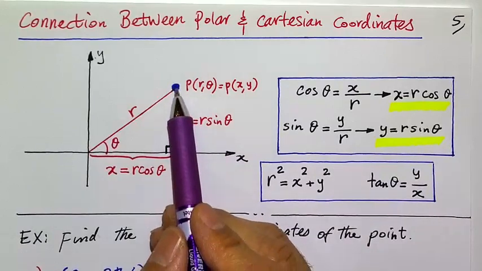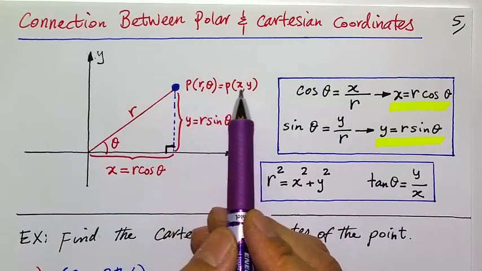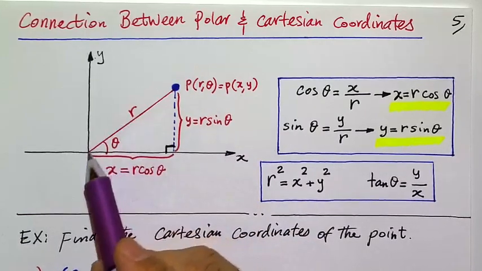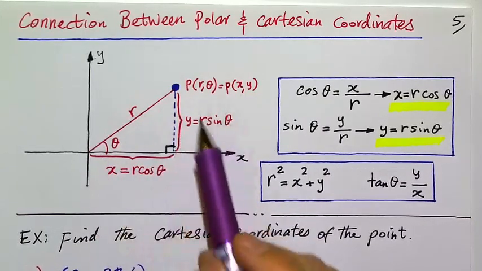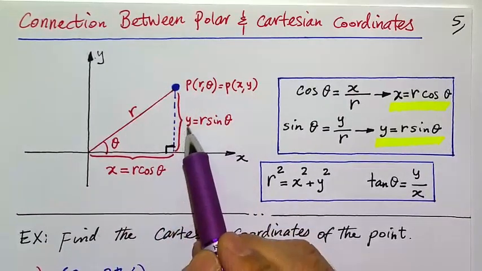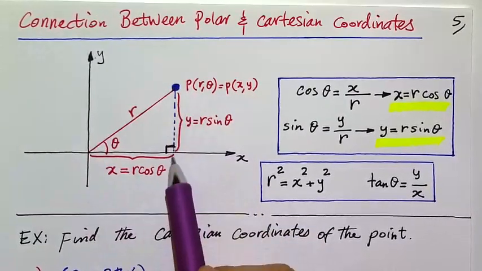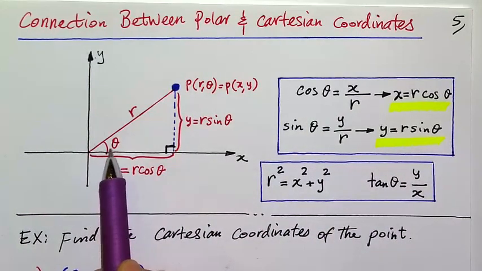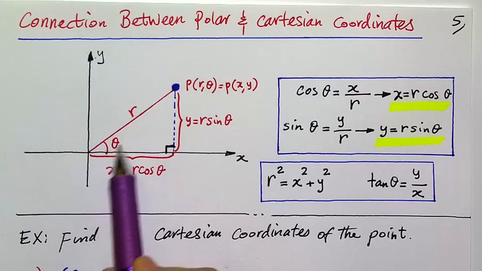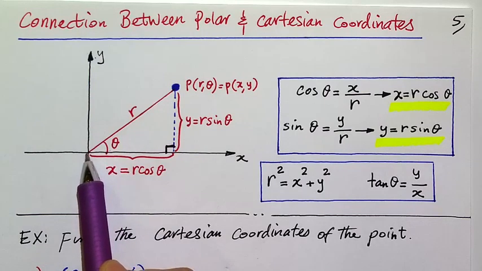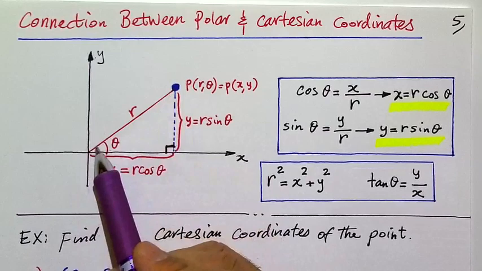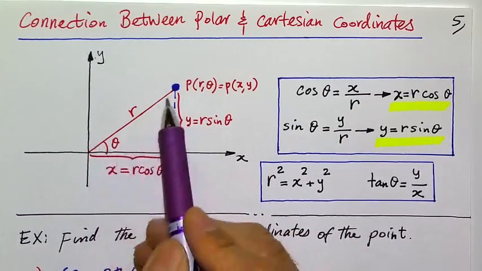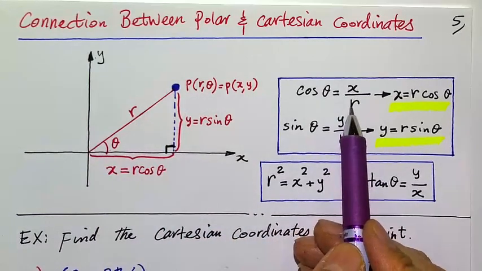So if we have this point with polar coordinates and Cartesian coordinates, xy coordinates like that, and r is this distance, notice that this distance from here to here is y, from here to here is x coordinate. Now from trigonometry we know that cosine of theta is equal to the adjacent divided by the hypotenuse, right? So adjacent is x divided by hypotenuse, x over r.